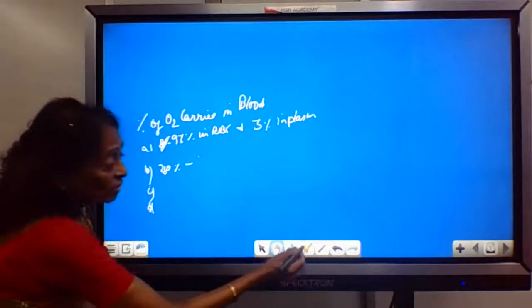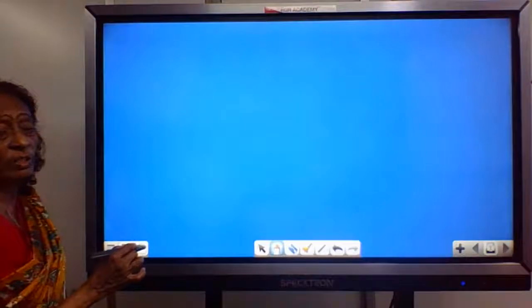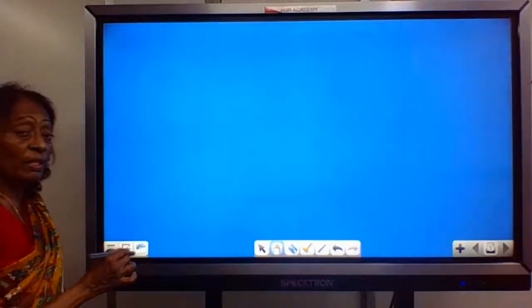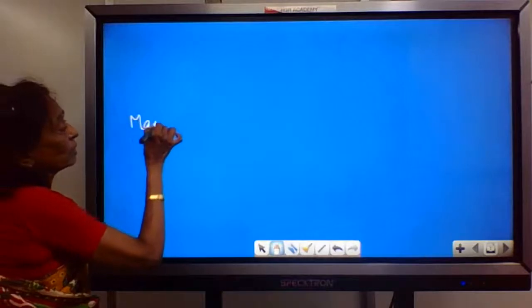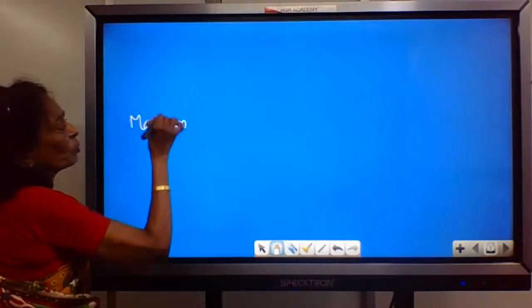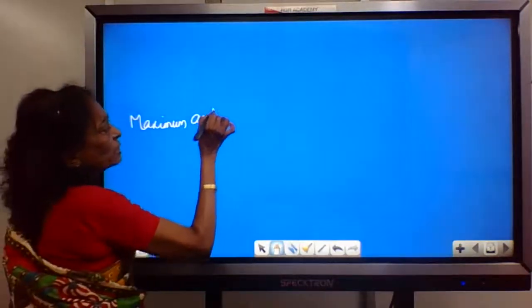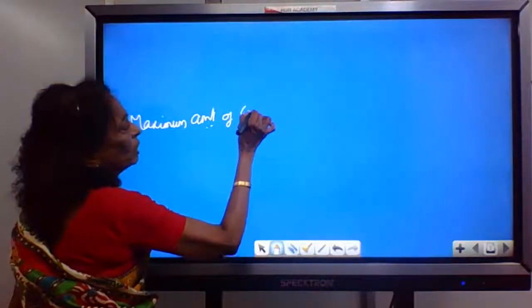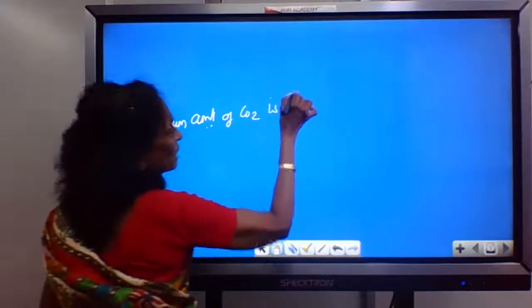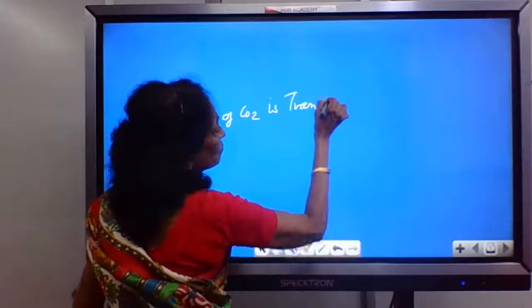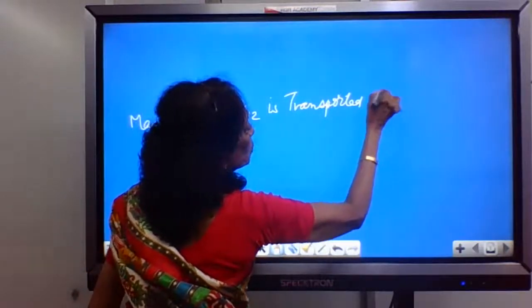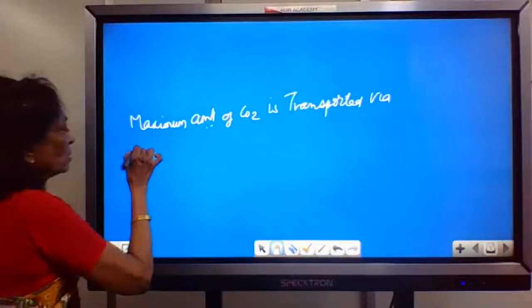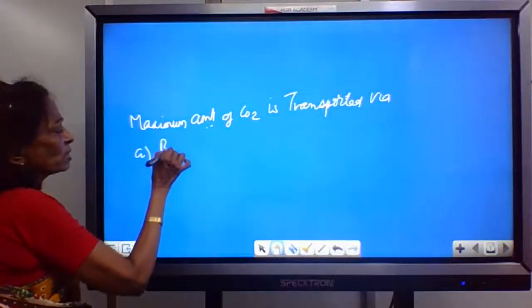Same thing in the case of carbon dioxide: the percentage of carbon dioxide. Then they can ask the maximum amount of carbon dioxide transported. Transported means carried through. They can give you A, by RBC.